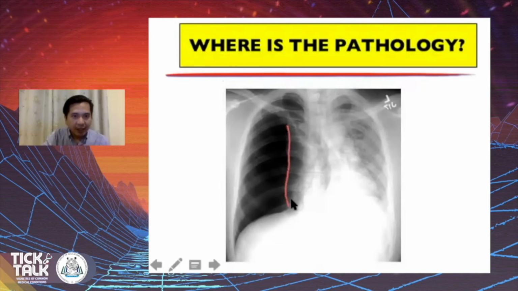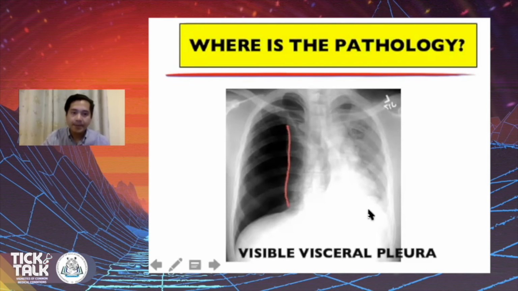What is this? This is pneumothorax, air in the pleural space. Because of too much air, the intercostal spaces have widened, pushing the structures to the other side, causing compression or atelectasis on the left. That's why you have the narrowed intercostal spaces. This visible visceral pleural line is commonly seen in pneumothorax patients.